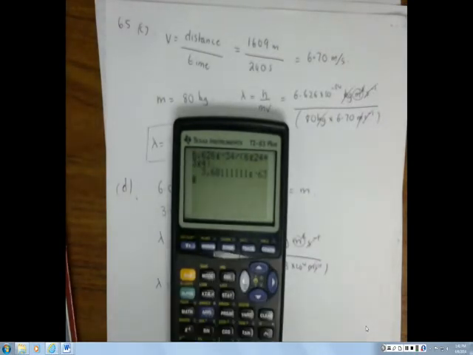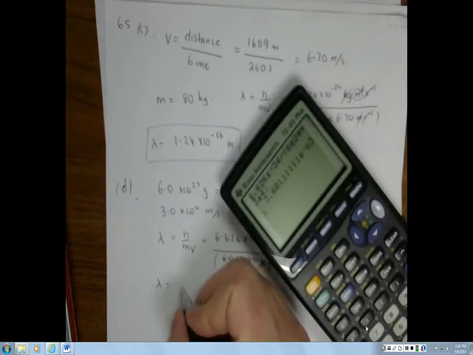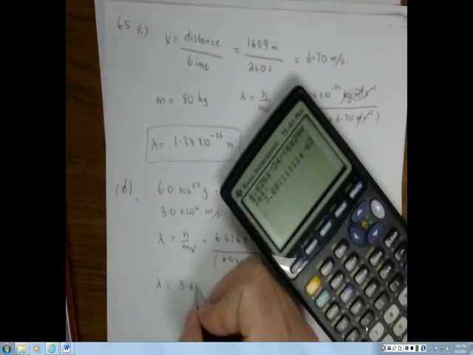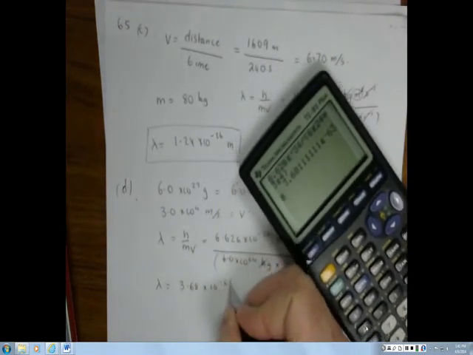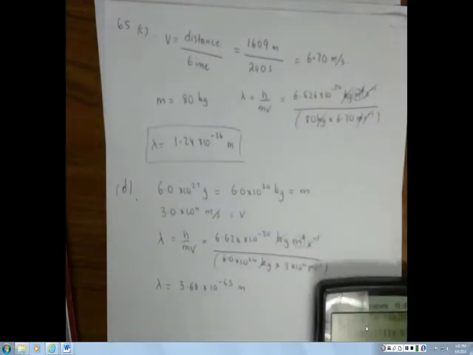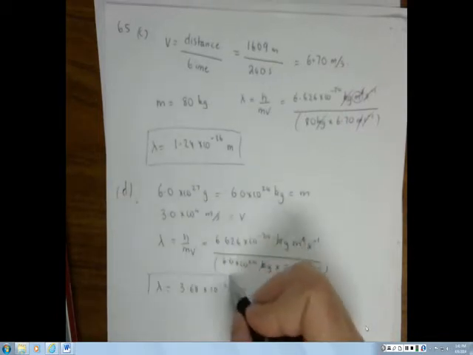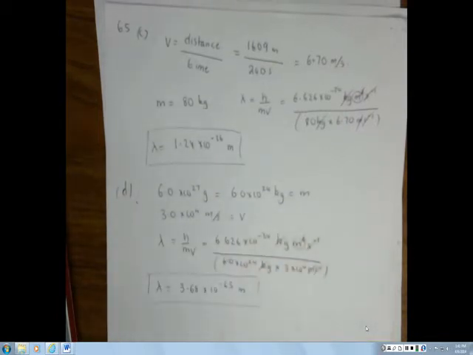We get 3.68 by 10 to the minus 63 meters. So its wavelength is tiny. Itty bitty. You know, basically not worth worrying about. Smaller than the smallest subatomic particle.